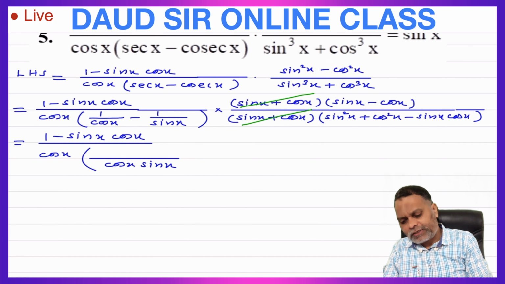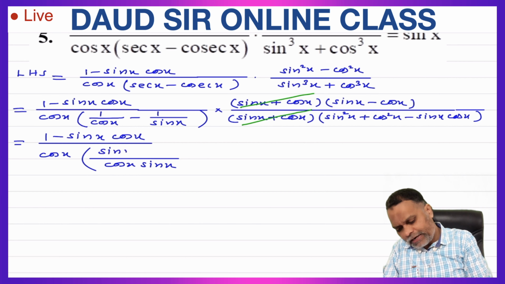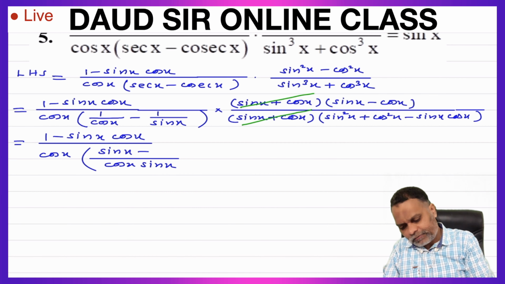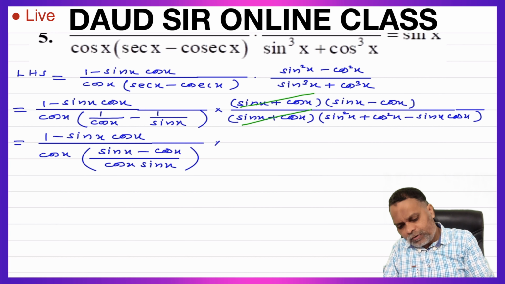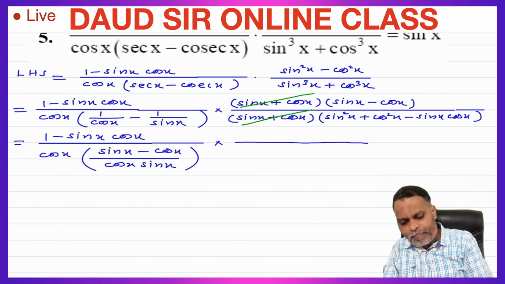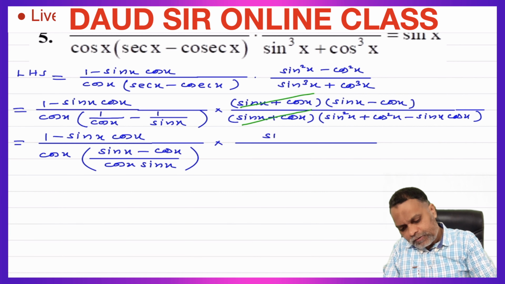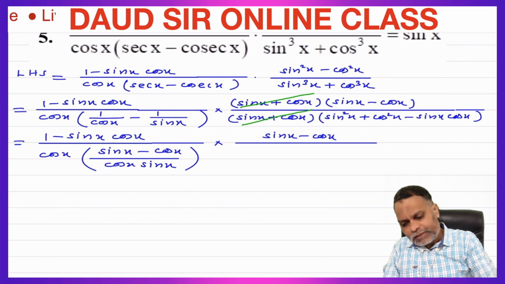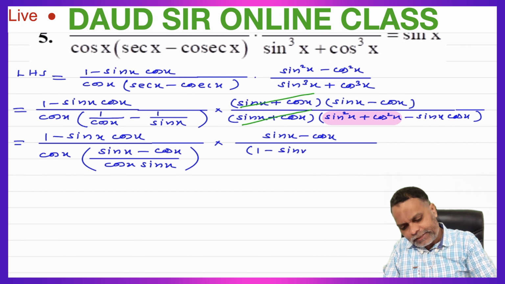Cos x dividing by cos x cancel, sin x into 1; sin x minus, dividing by sin x, this sin x cancelled, cos x into minus 1, minus cos x, into, in numerator this sin x minus cos x left, so write this sin x minus cos x, and in the denominator this sin square x plus cos square x will become 1 minus sin x into cos x as it is.